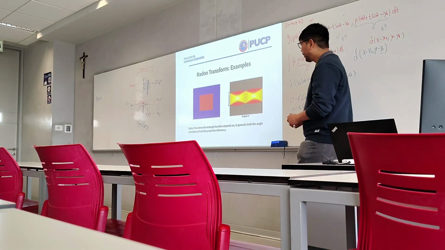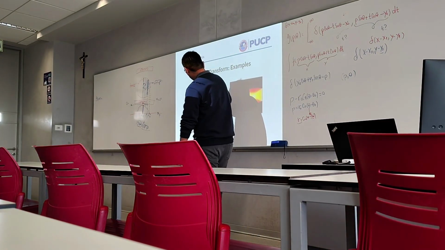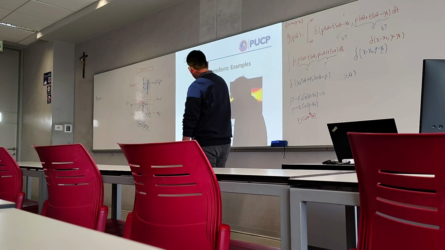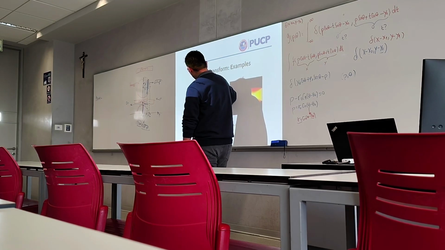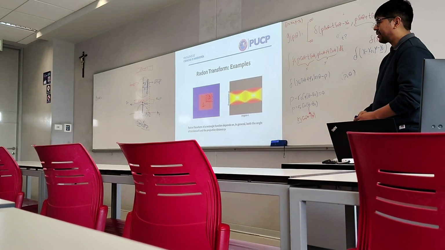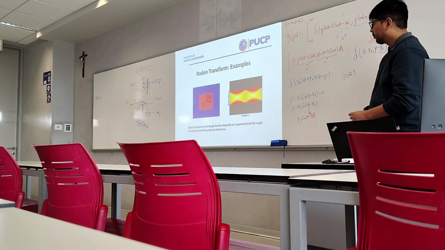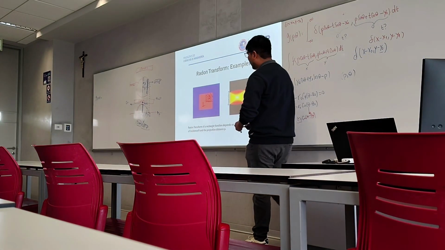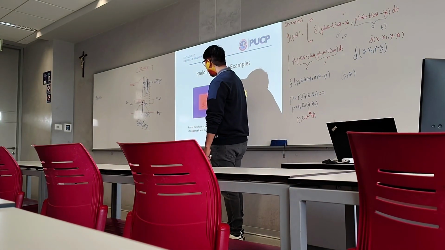A more difficult case will be when, for example, here we have that all these values are 1. But what happens if I say that in this block the value will be 2, and outside will be 1? How can we do the Radon transform there? The projection, in this case, will not be only the length.